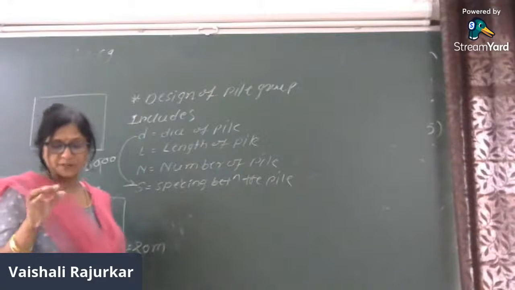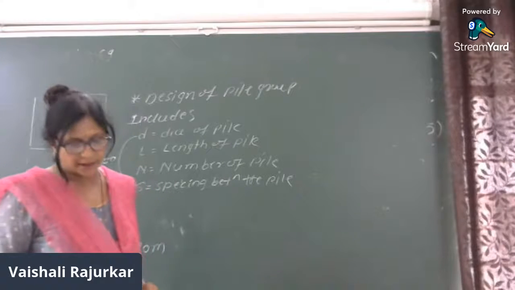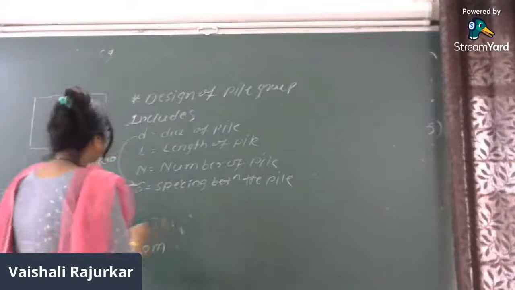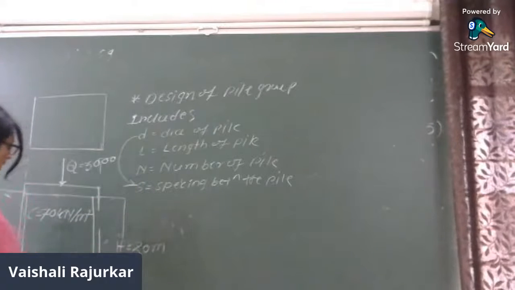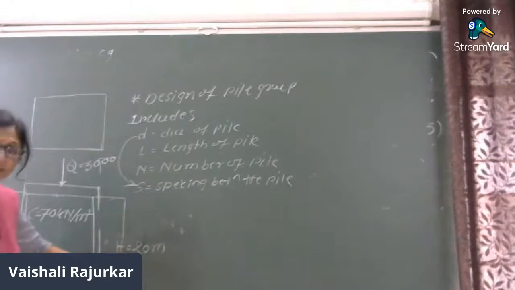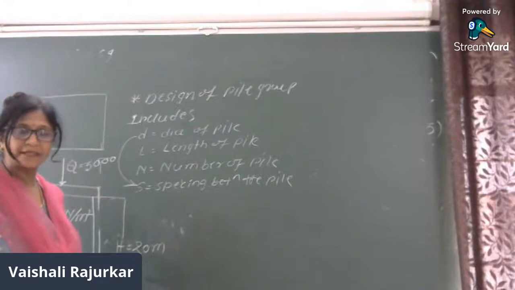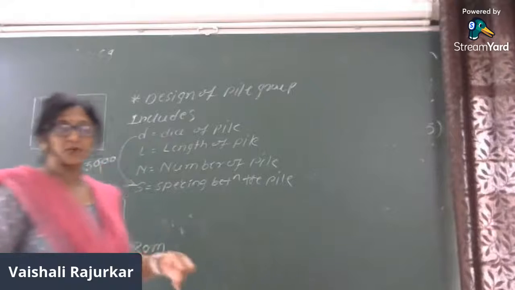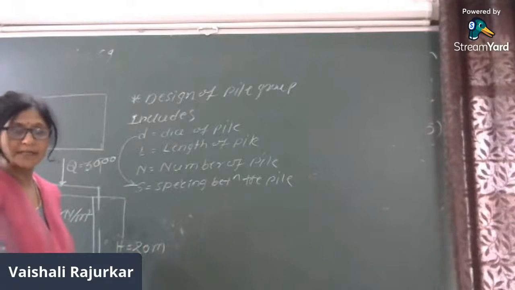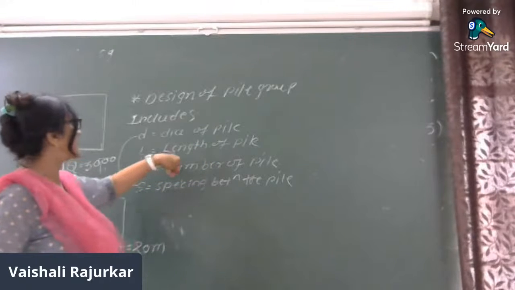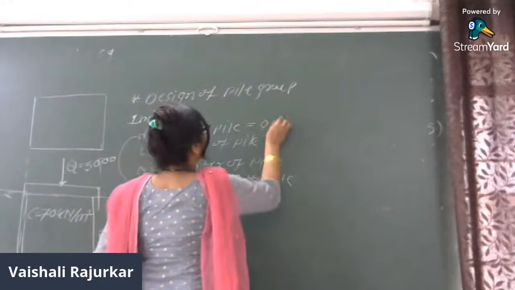In such cases, we will assume two things. We will assume the diameter and length, then we will calculate the number of piles. Now here, the clay layer extends up to a depth of 20 meter, and if suppose we consider L is equal to 10, and assume the diameter is 0.5 meters.